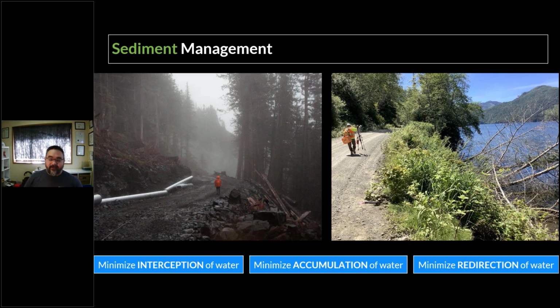And on the right-hand side, in this particular picture, this road has to be here, and it's right beside the ocean, so you have to understand that and then account for it. And it doesn't always get worse over time. In this example, we can see that the vegetation has grown up, and it's given us a great filter from the road.